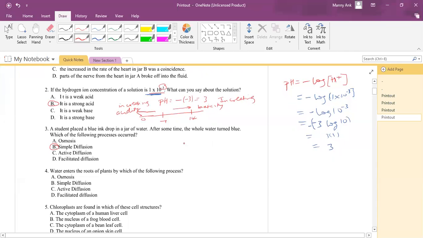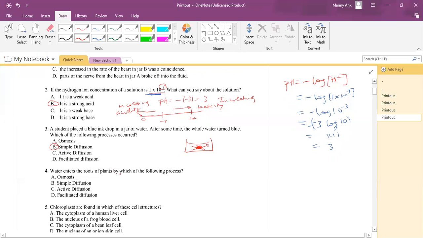Because the drop is concentrated in the water, and then the molecule is concentrated here for the blue ink. If it's spreading out, it means moving from high concentration to a lower concentrated region. So that's simple diffusion.